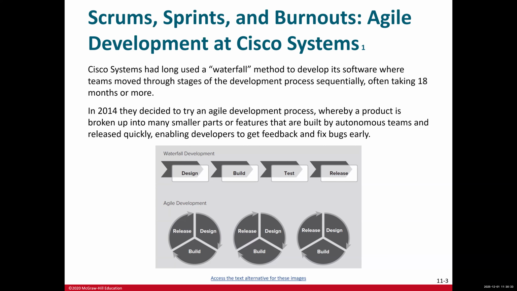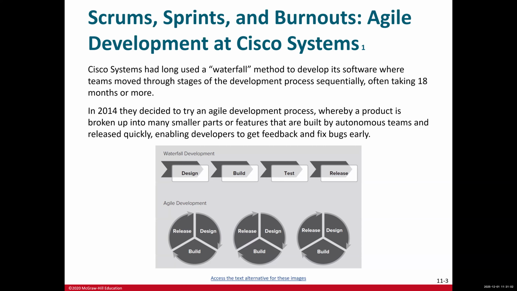Each team can operate somewhat independently and at its own pace without waiting for the other teams to finish their project. So we see a lot of overlap and concurrent, simultaneous activities in the agile methodology. This makes the process more flexible and, of course, way faster.